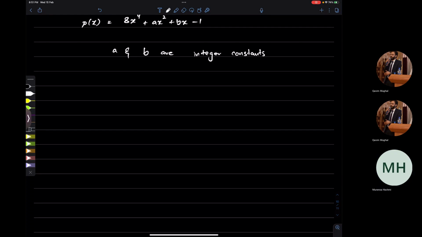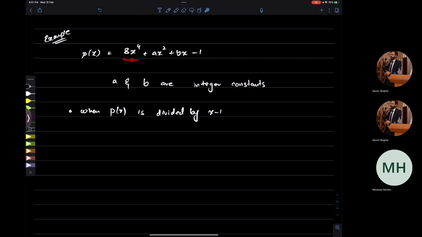Now, the next information given to you by the examiner is that when p of x is divided by x minus 1, the remainder is 9.